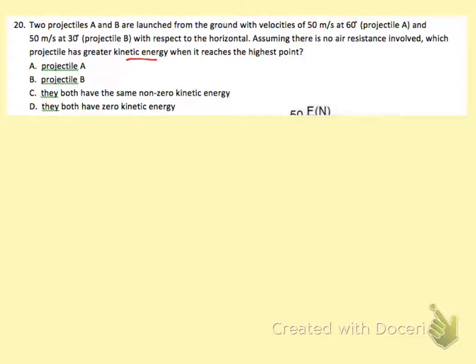All right, so we have one projectile that's going up at 30 degrees and another one going up at 60 degrees with respect to the horizontal.